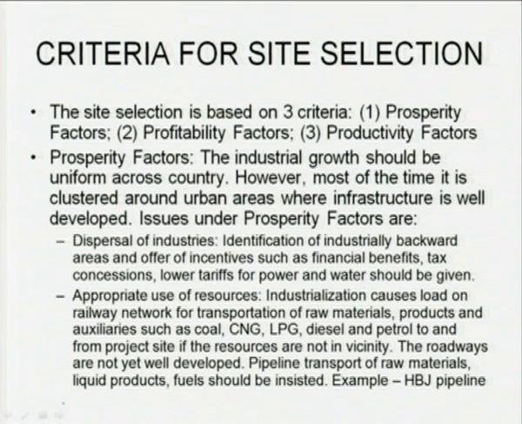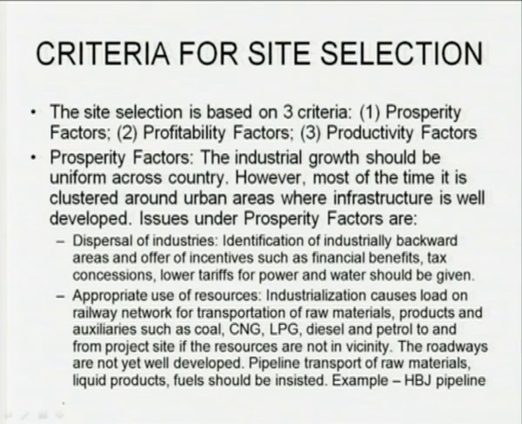We have to identify industrially backward areas and try to install the projects there, and to do that the government may offer a lot of incentives such as financial benefits, tax concessions, and lower tariffs for power and water. So, government policies are trying to promote installation or relocation of these mega projects into industrially backward sectors.